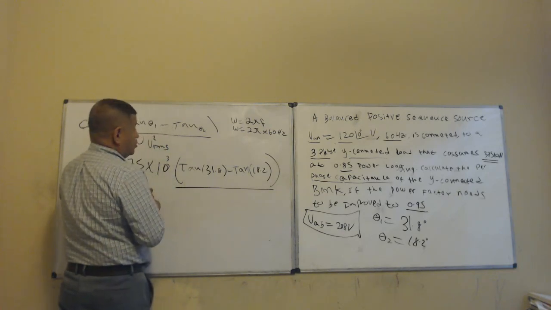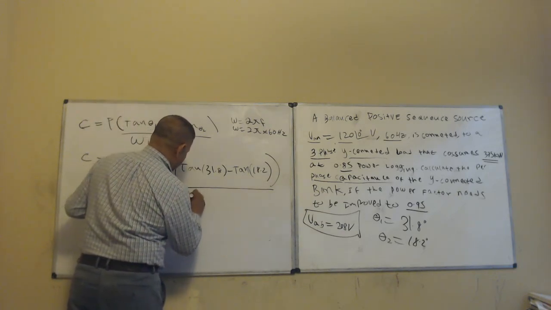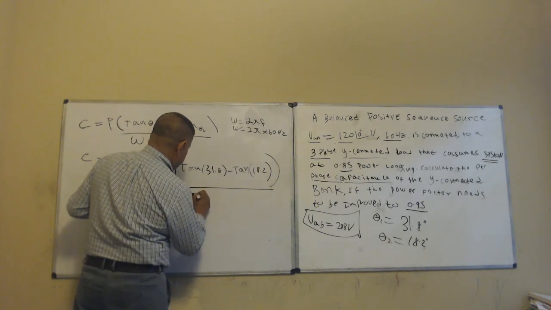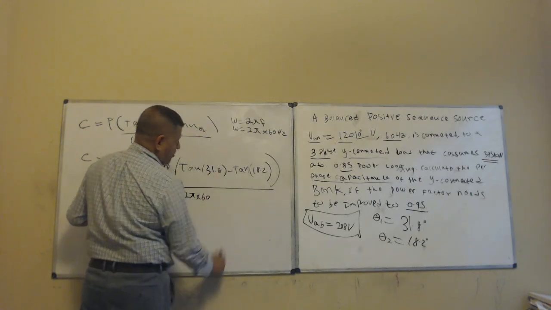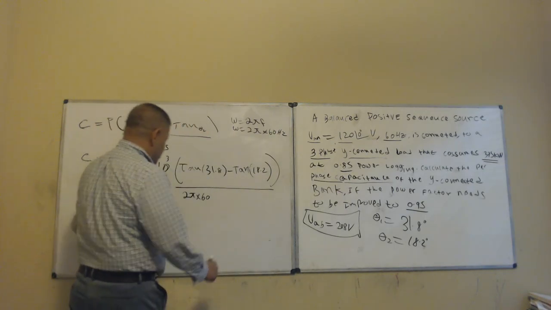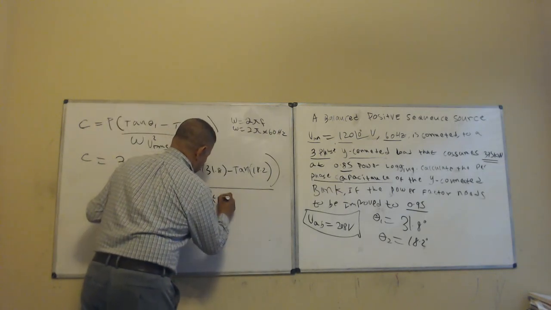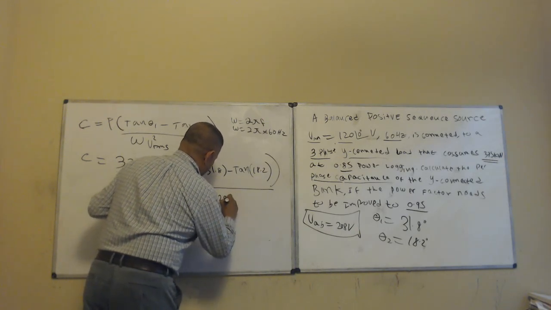So right here we have 2 pi times 60, times that guy, and it's going to be squared, which is times 208, right?